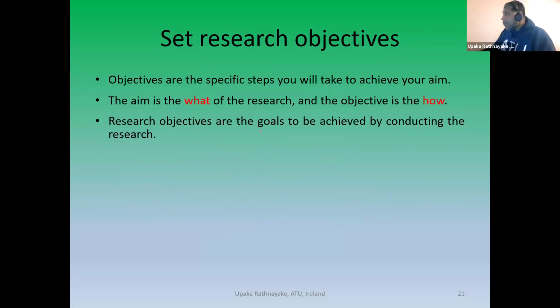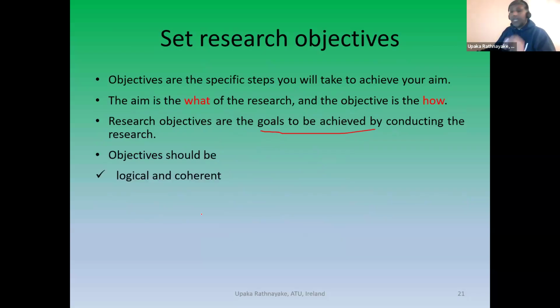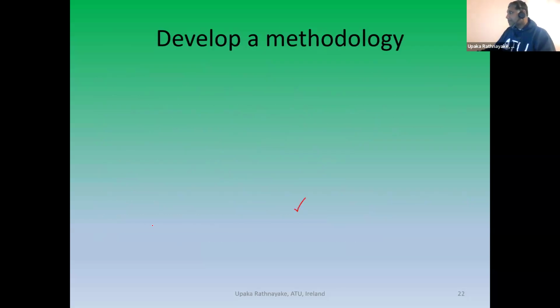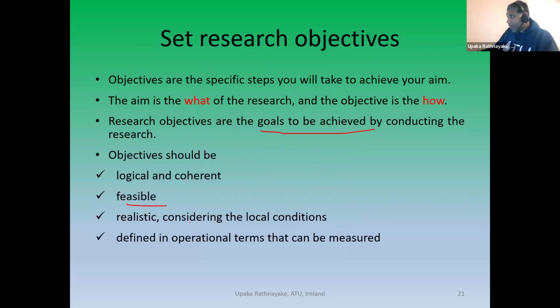These are the important attributes. Research objectives are the goals to be achieved by conducting the research, and they should be logical and coherent, feasible, realistic to local conditions, and defined in operational terms. When you define your objectives, you use action verbs.